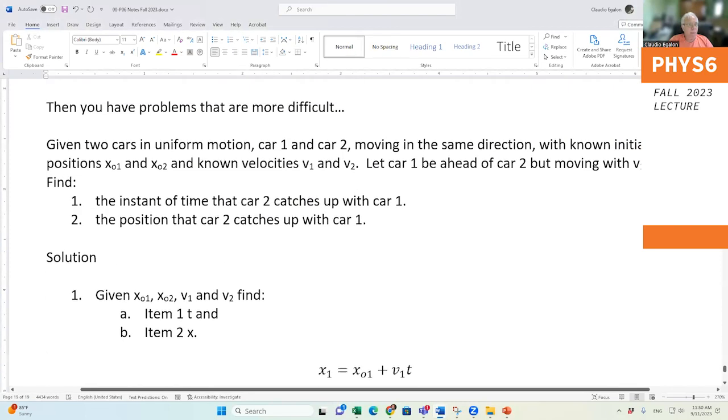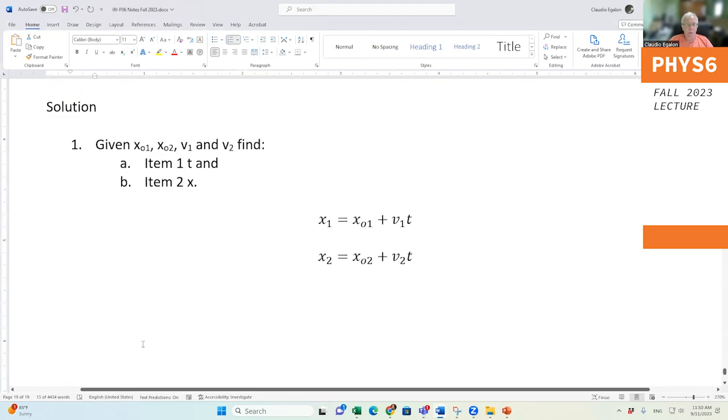And then the instant of time that car 2 catches up with car 1. At the moment that car 2 catches up with car 1, what's the mathematical condition?